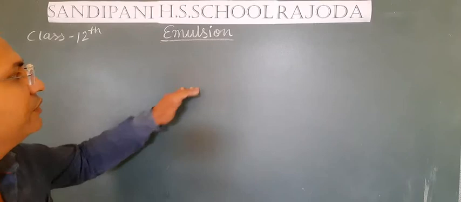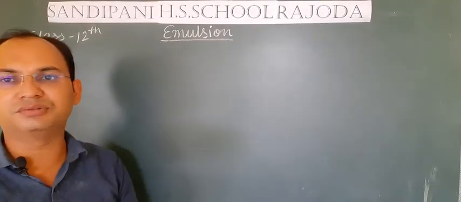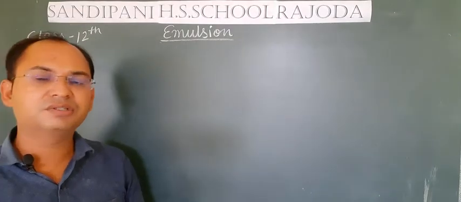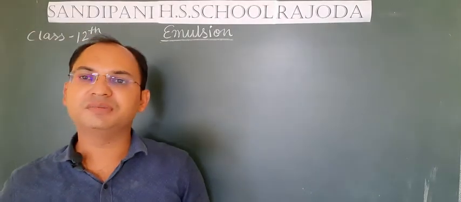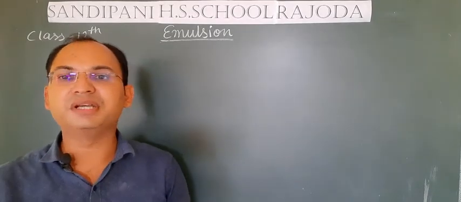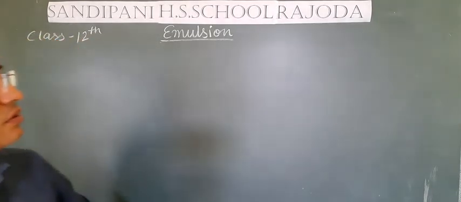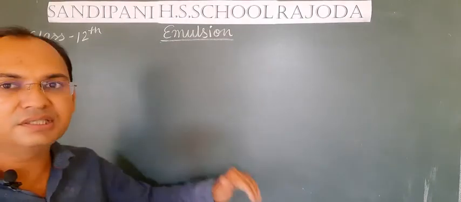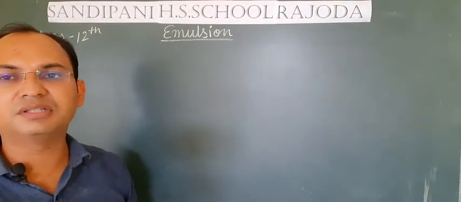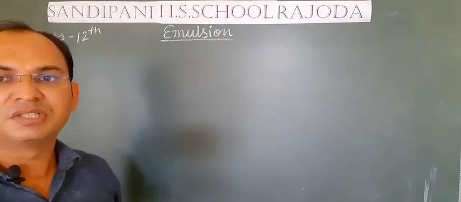So students, we have studied about the colloidal solution or colloidal sol. We have also discussed the types of colloids on the basis of the disperse phase and dispersion medium. So students, when dispersion phase and dispersion medium both are in liquid state, then we call them emulsion. Let's see.